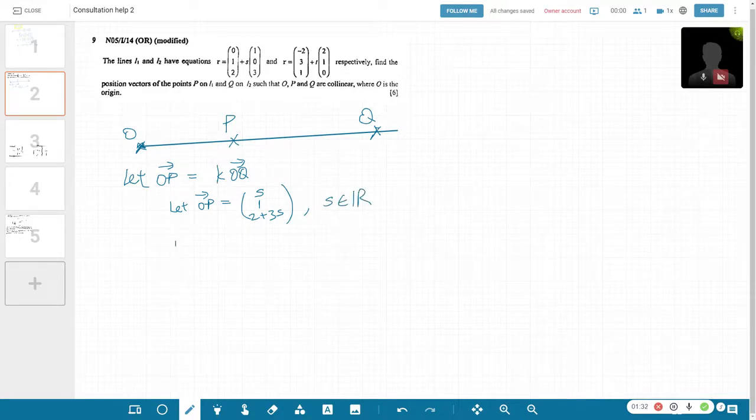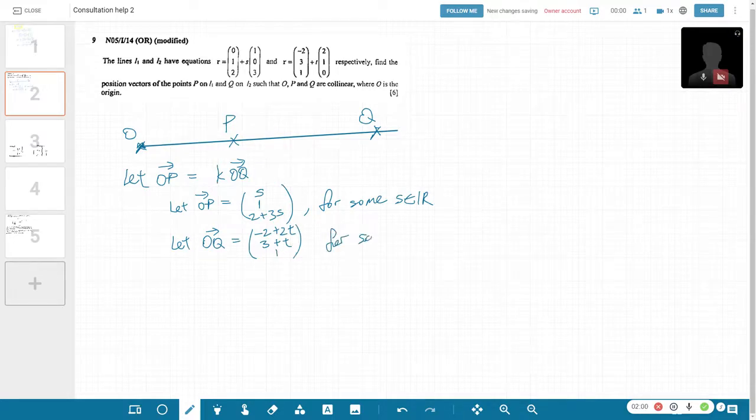So we can also let, to be more proper, OP equal S, 1, 2 plus 3S for some S as a real number, and you also let OQ equal minus 2 plus 2t, 3 plus t, and 1 plus 0t, so 1, for some t as a real number as well.